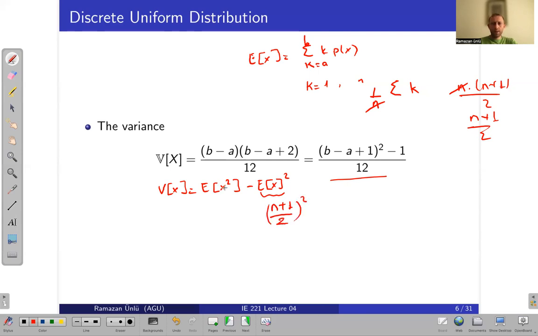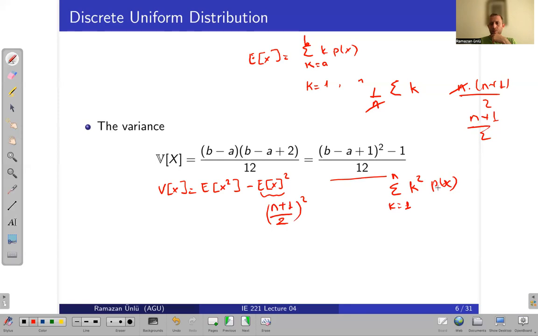And now let's look at this one, and it will be simple. In this case, I will calculate the sum for k from 1 to n of k squared times the pmf of x, which is simple again.